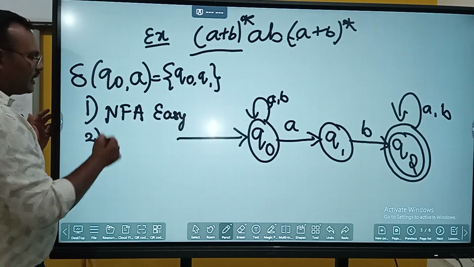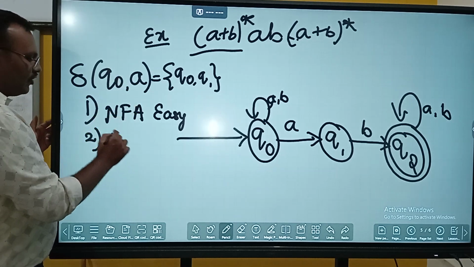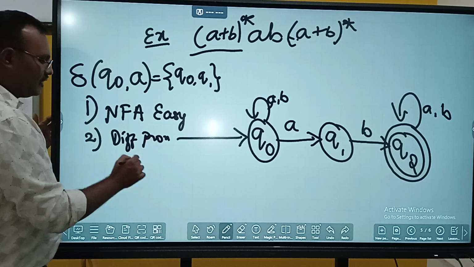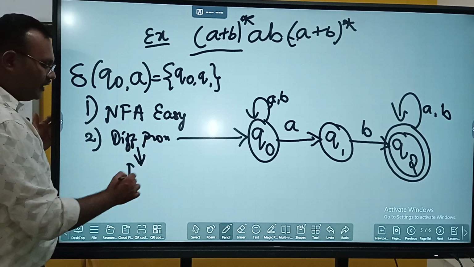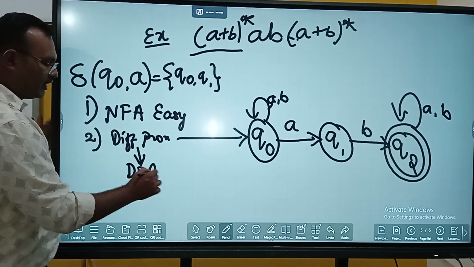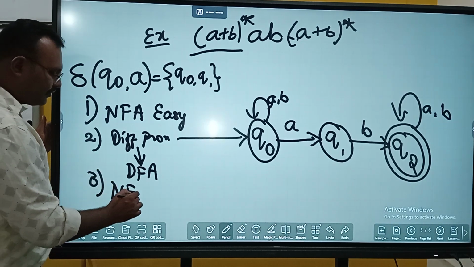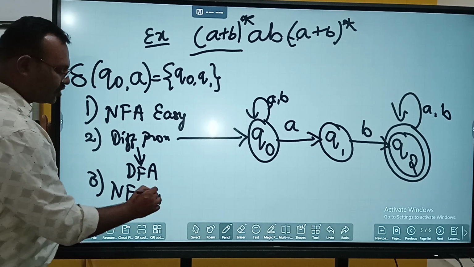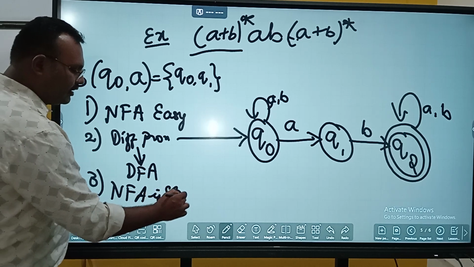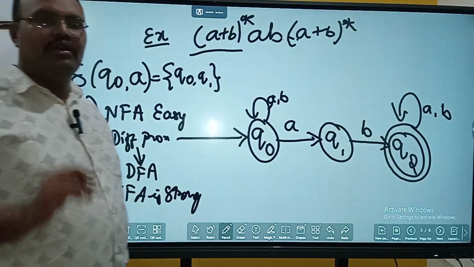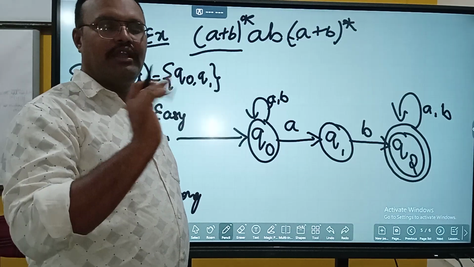Second, you can construct an NFA for any difficult problem and later convert it into deterministic finite automata. Third one, NFA is stronger than DFA.